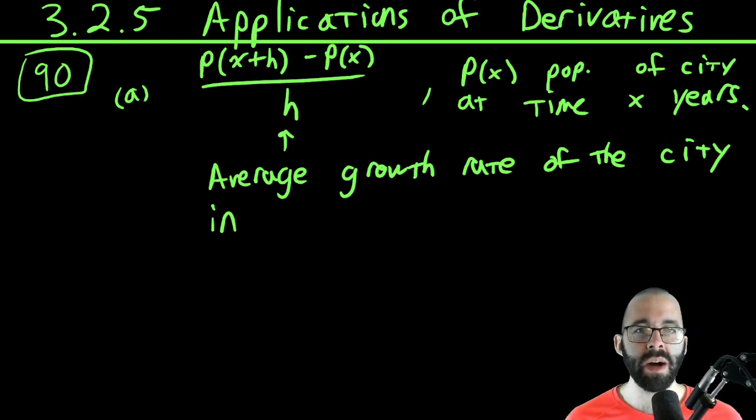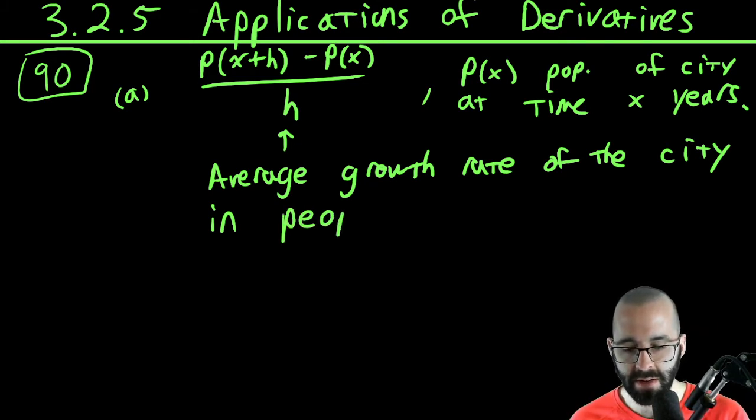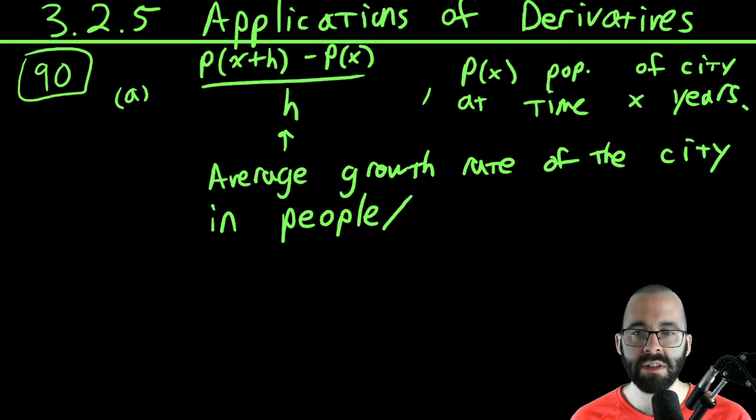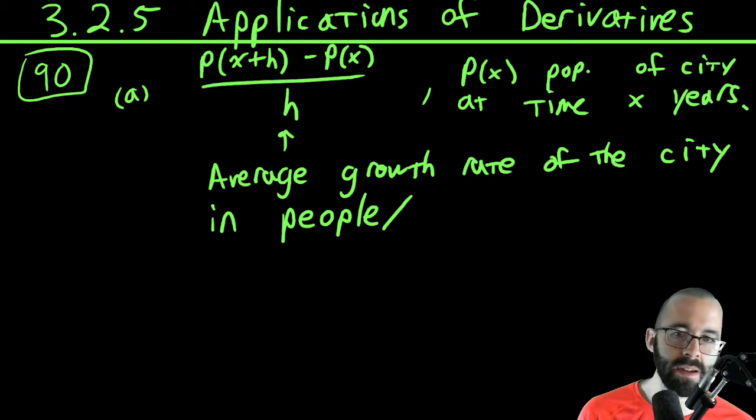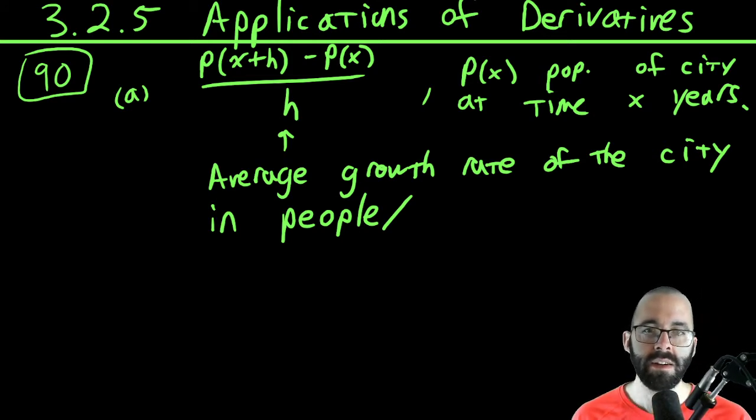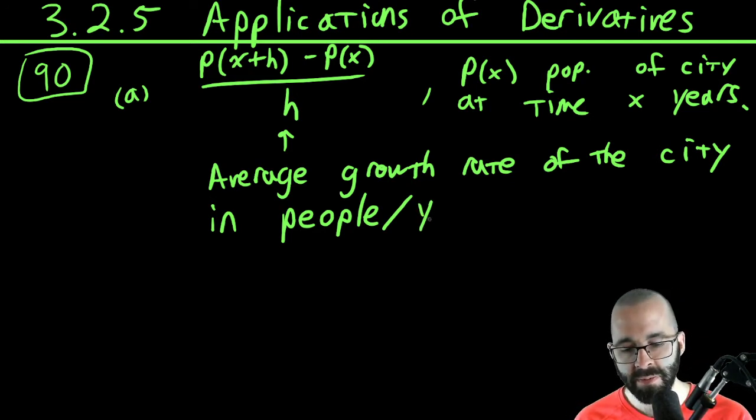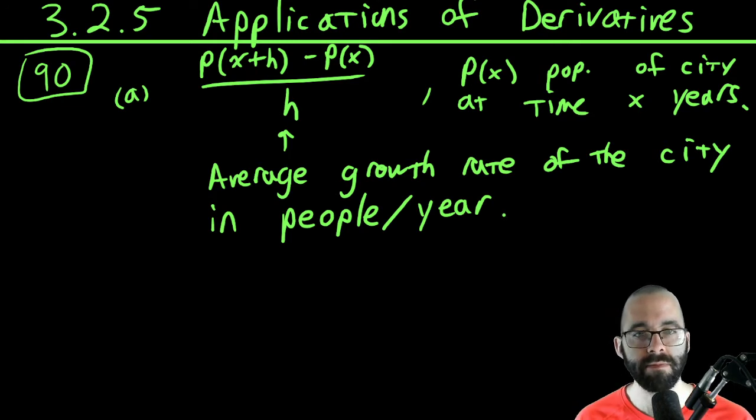Well, we're talking about the population changing. What's the population? Well, that's in people. Every slope should be miles per hour, meters per second, something per something else. So it's the growth rate. So P of X is in people. X is in years. It's going to be people per year.